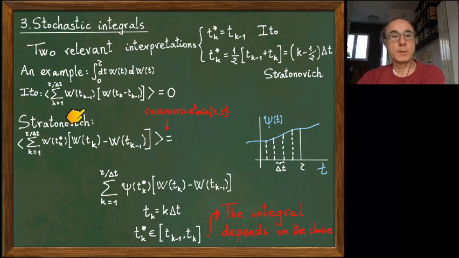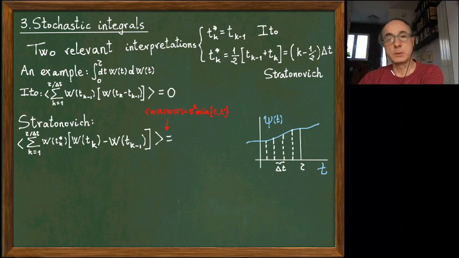So we did this example of w dw, this integral, and we saw that in the Ito interpretation, we just calculated the average, and the result is 0, whereas in the Stratonovich interpretation, because of the fact that we choose this as the middle point, there is a remaining correlation, and then the result is different from 0.